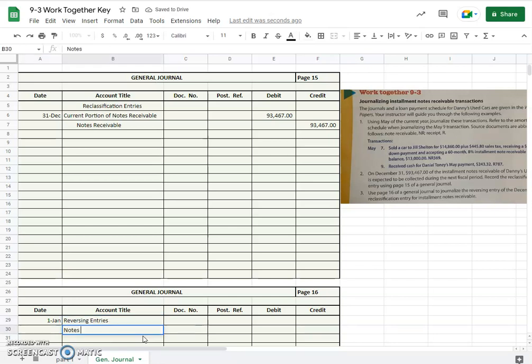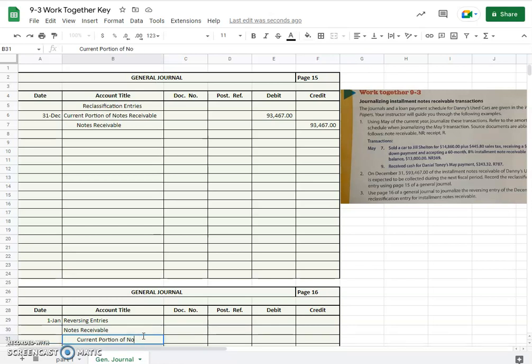We'll have notes receivable as our debit, and our credit will be current portion of notes receivable, which will bring that back down to 0. Our debits and credits are the same amounts. That date should probably be down there. And that would be it.